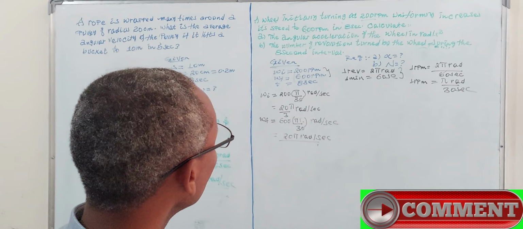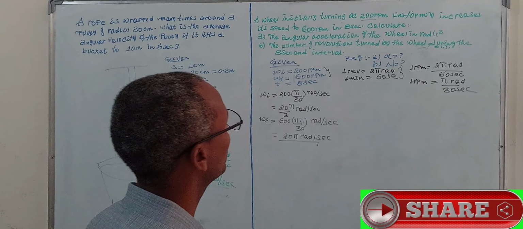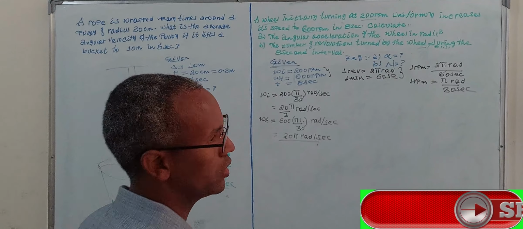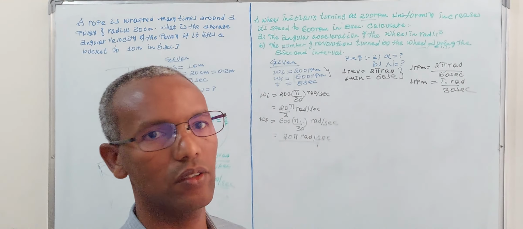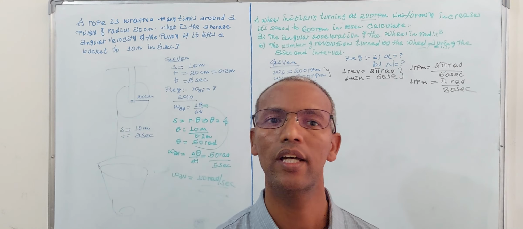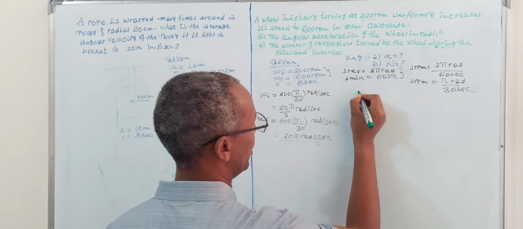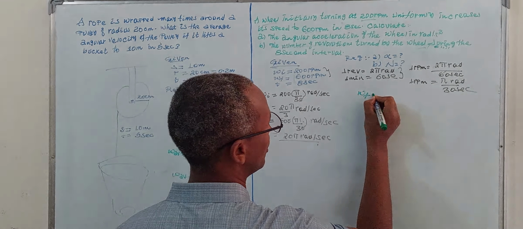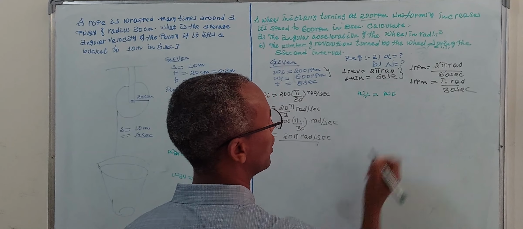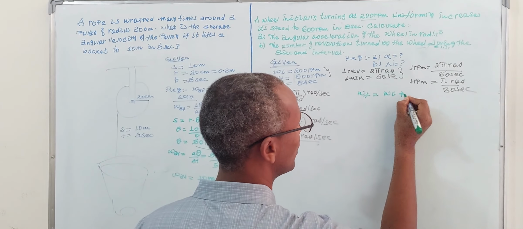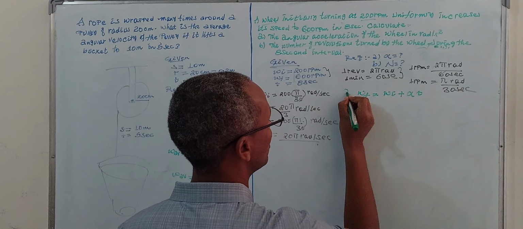Now we can calculate the average angular acceleration. To find it, you need to know the kinematics, or rotational motion, equation. From kinematics, the final angular velocity is equal to the initial angular velocity plus the angular acceleration times time, where A is the angular acceleration.